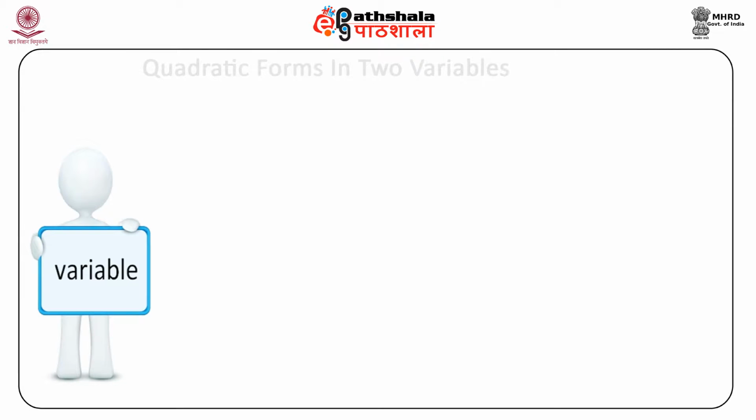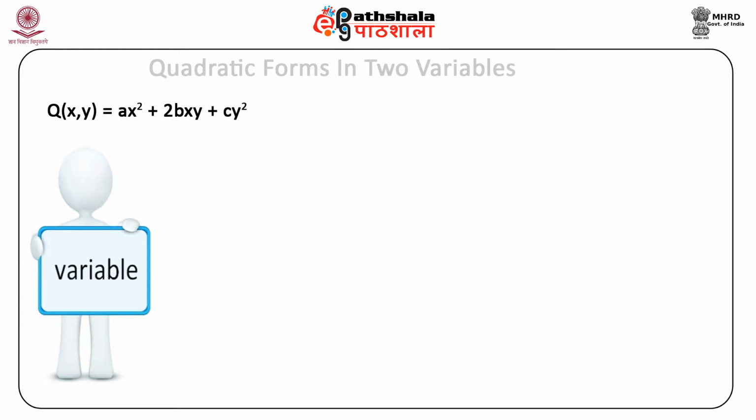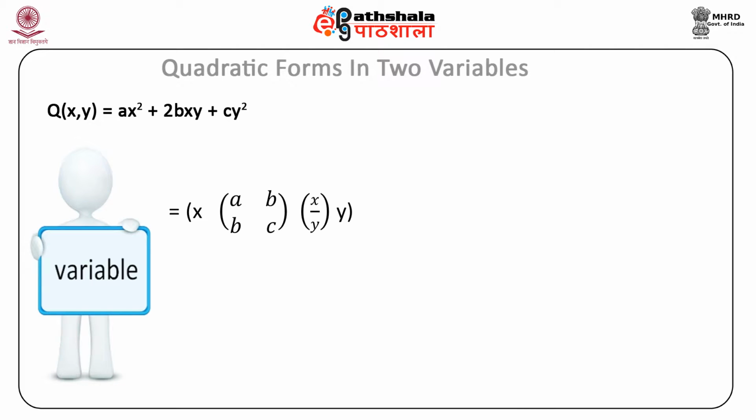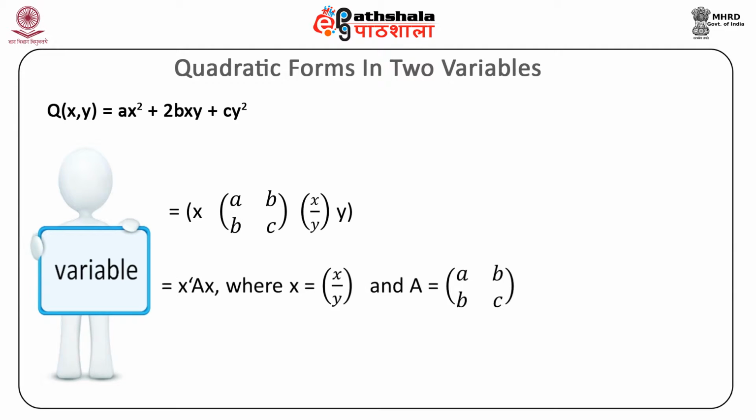A quadratic form in two variables can be written as Q(x,y) is equal to ax squared plus 2bxy plus cy squared, which is equal to the row vector (x, y) multiplied by the matrix [a, b; b, c] multiplied by the column vector (x, y), which is equal to X prime AX, where X is equal to (x, y) and A is equal to [a, b; b, c].